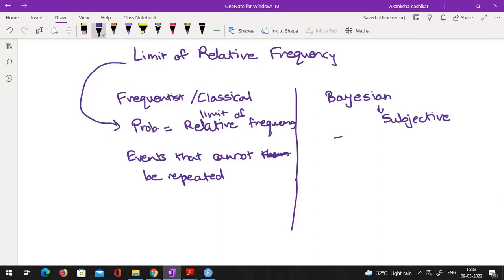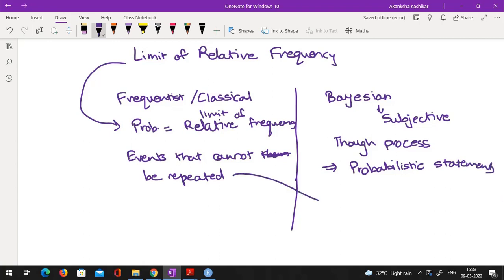This subjective thought process can be converted into probabilistic statements, which makes such statements more meaningful. In this way you can assign probability to events which cannot be repeated. That is one major difference between the frequentist and Bayesian approach.